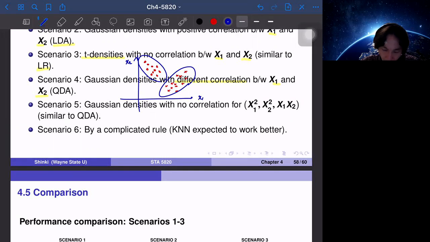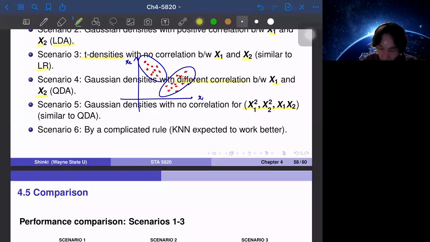And scenario 5, we have a more complicated decision boundary. Gaussian densities with no correlation for x1 square, x2 square, x1 x2. Basically the truth is in a higher dimensional space, so we cannot represent all the structure in the two-dimensional space.